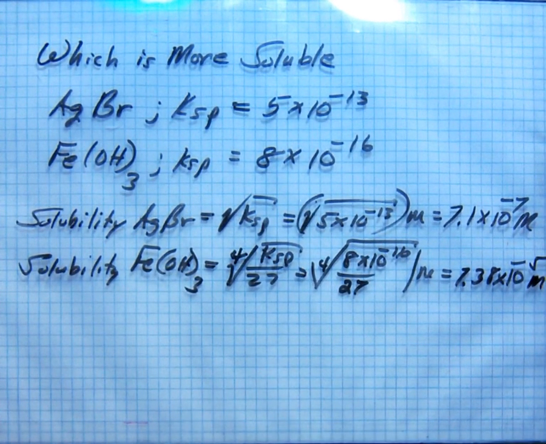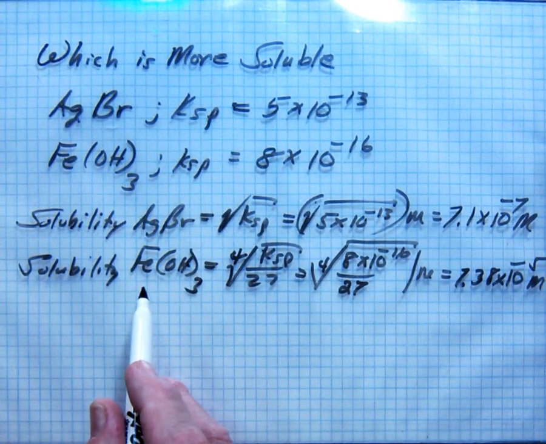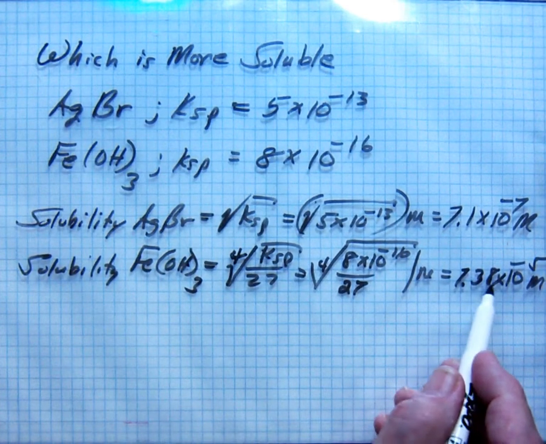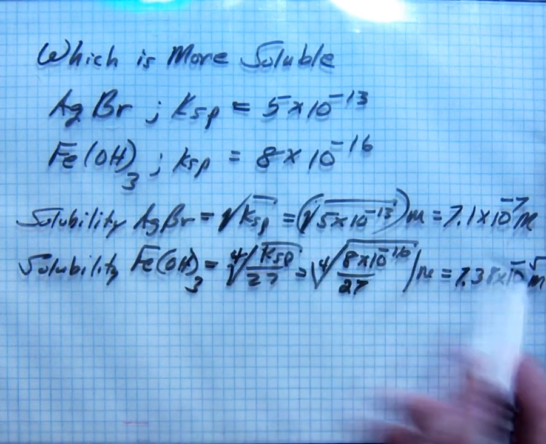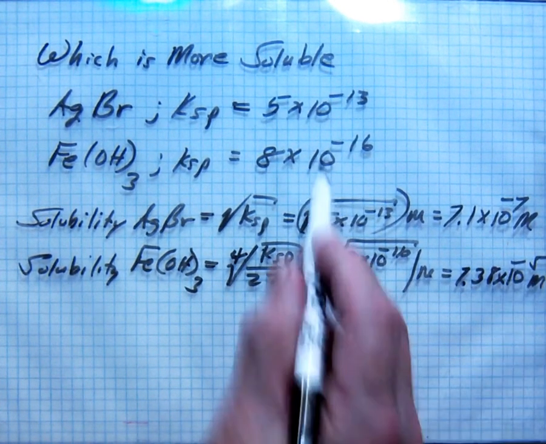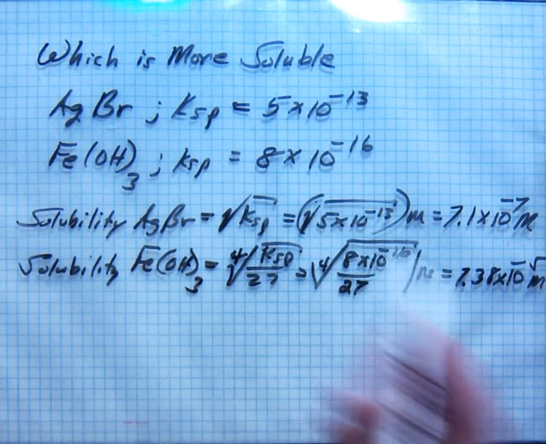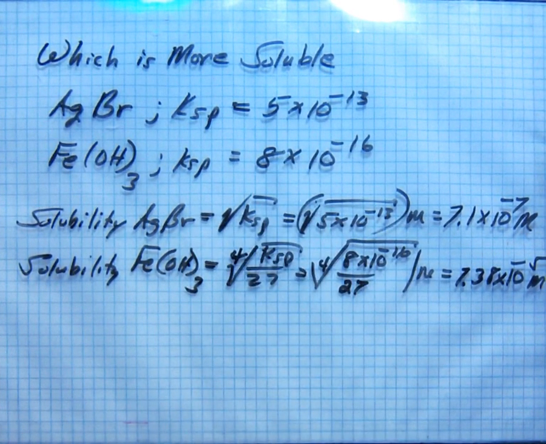See how that worked out? We got a bigger number now for something that had a smaller KSP. You got a 7.3 solubility times 10 to the minus 5, but here's 10 to the minus 16. So you can't use the KSP for solubility unless everything has the same ionization ratio.